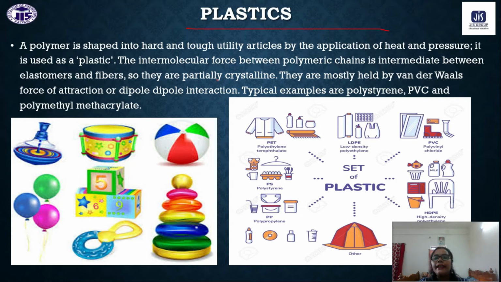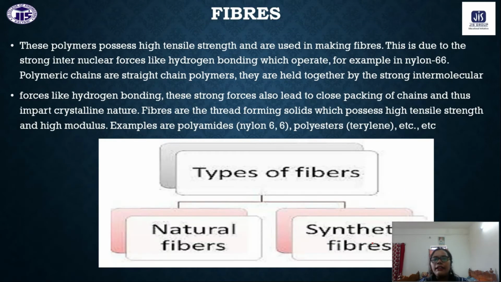Their intermolecular attraction force is in between elastomers and fibers. They are partially crystalline, mostly held by weak van der Waals forces, but also dipole-dipole interaction. These are some examples of plastics that we regularly use.